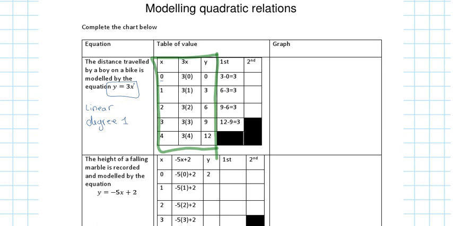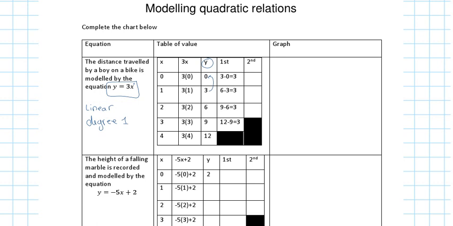So look at this. I have the y values here. I take my y values, I start from the bottom, and I subtract the top from the bottom. So I do 3 take away 0, and that gives me 3.